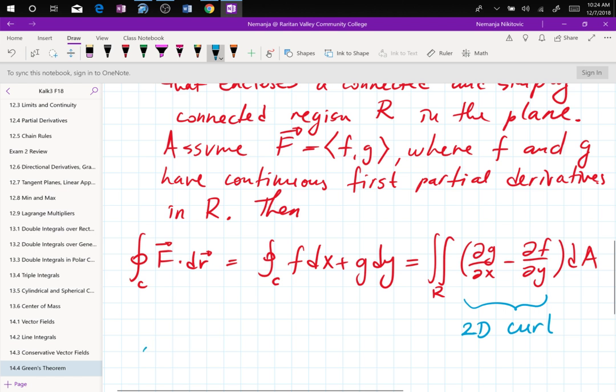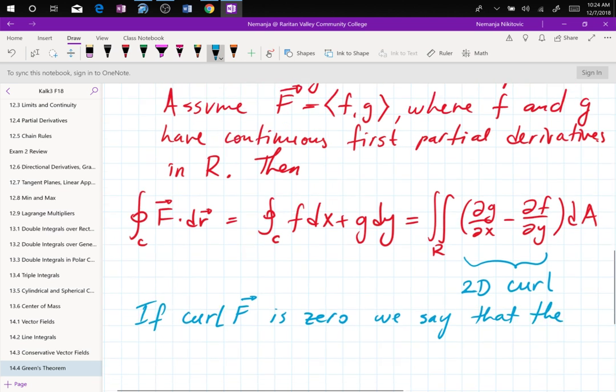So if the curl of f is 0, we say that the vector field f is irrotational.